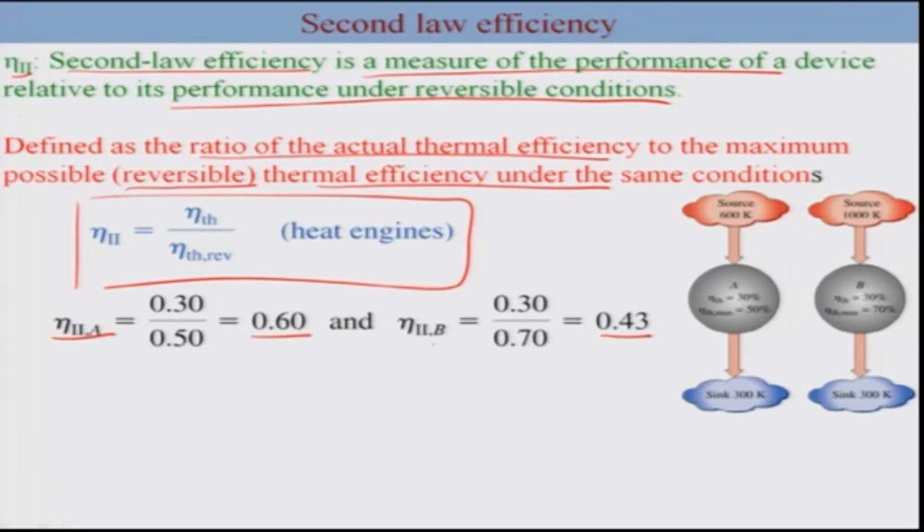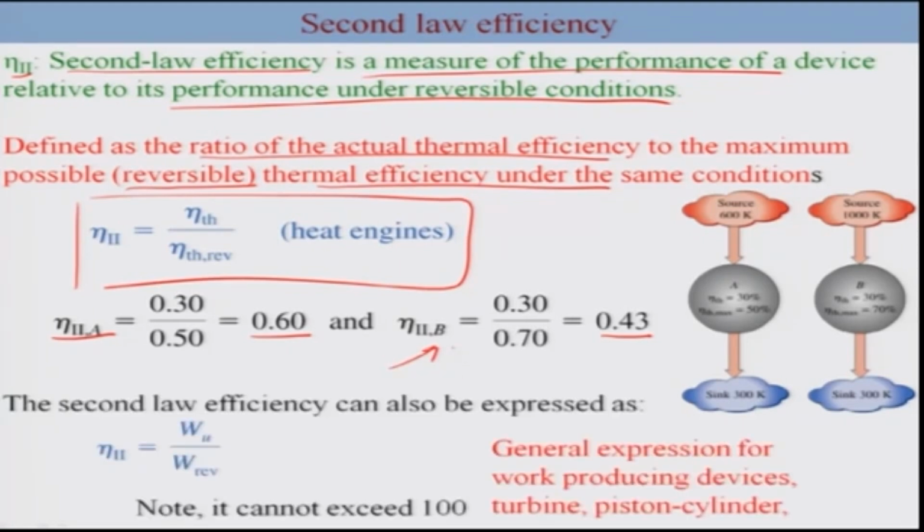Clearly it indicates that the second device is performing inferior to the first device, which is A. The second law efficiency can also be expressed in terms of useful work: the amount of useful work of the device divided by the maximum possible amount which can be extracted from this device. This is the expression for a work producing device such as a turbine or piston-cylinder, and certainly it cannot exceed 100%.